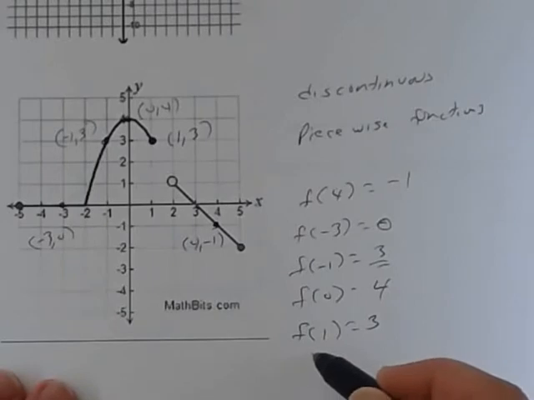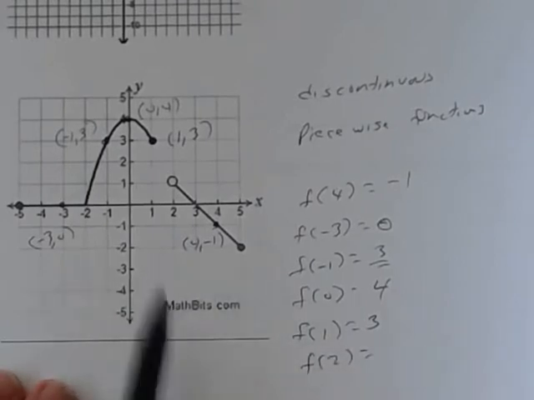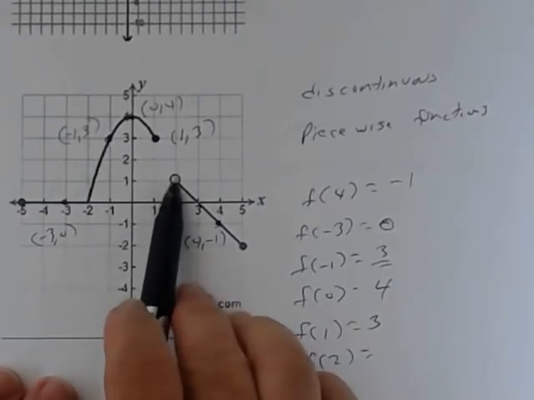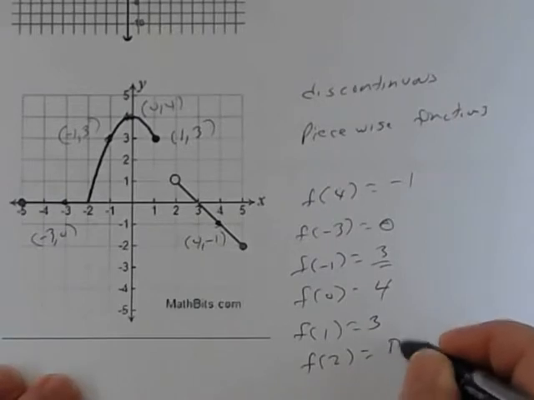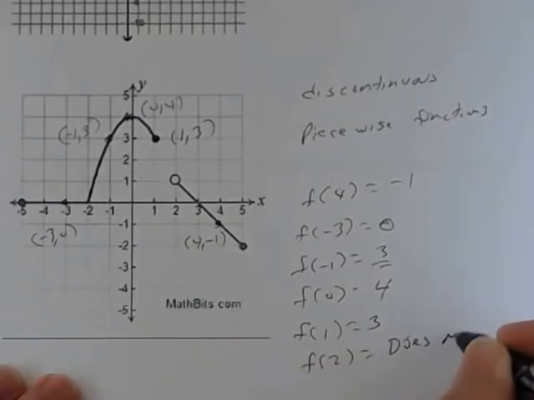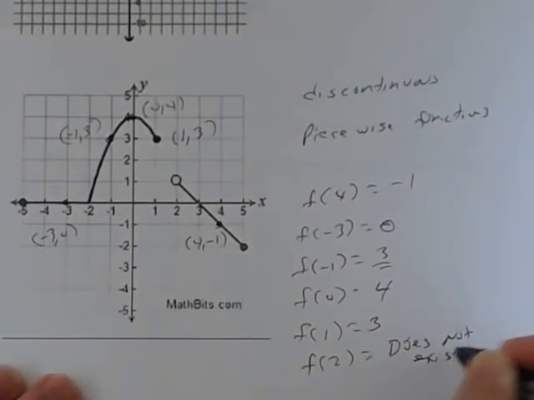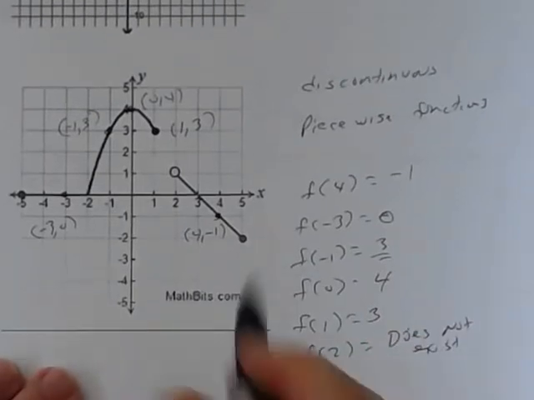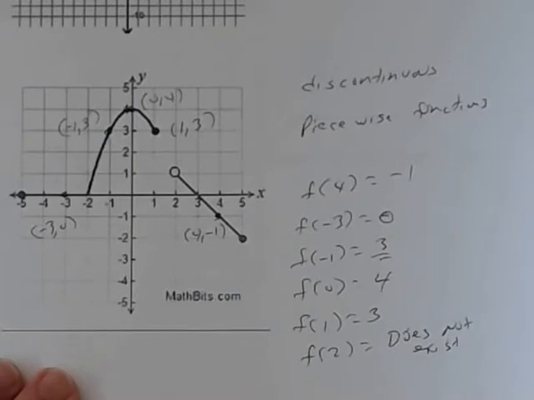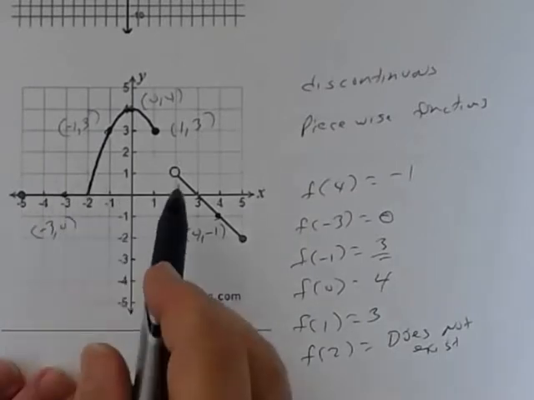All right, now, f of 2. When x is 2, what's my y value? That's the only point on the graph. You see it? But it's an open circle. So you would say does not exist. So there is no y value when x is 2, because that's an open circle. It's not part of your domain. That's what that means.